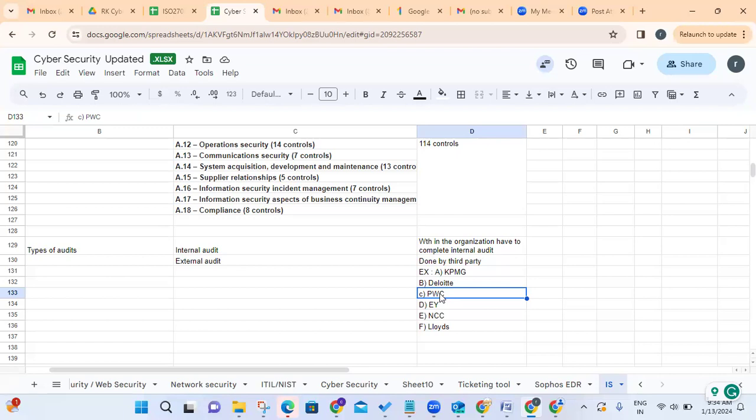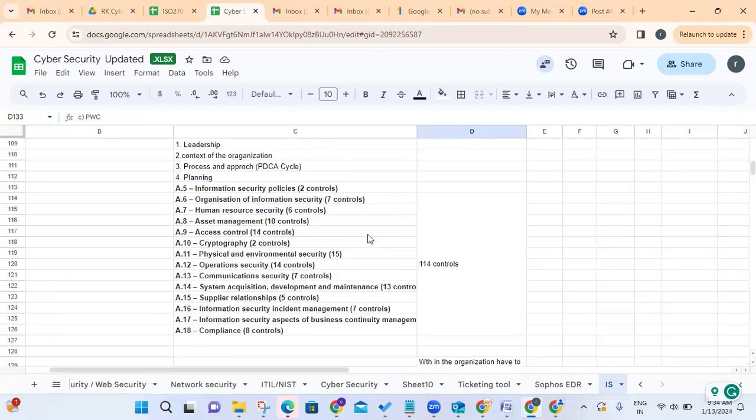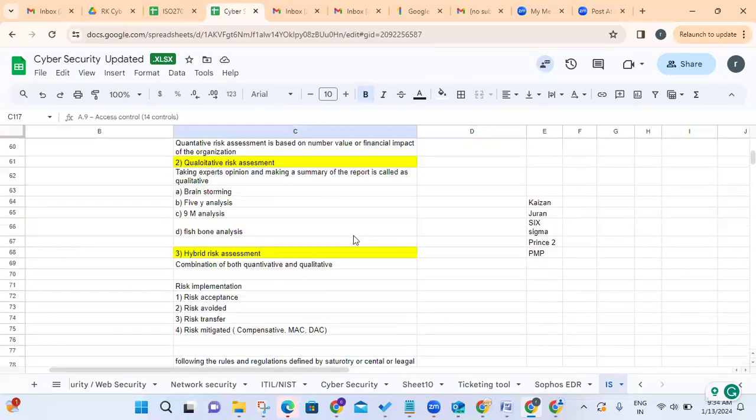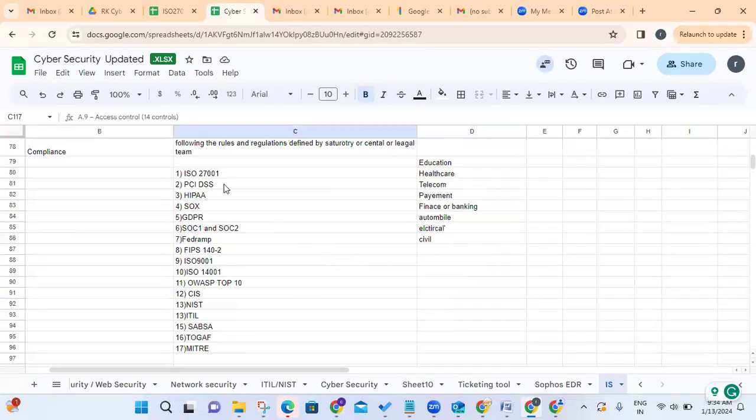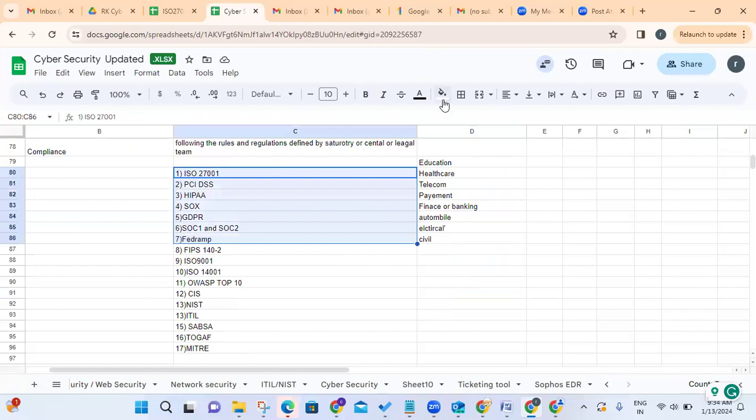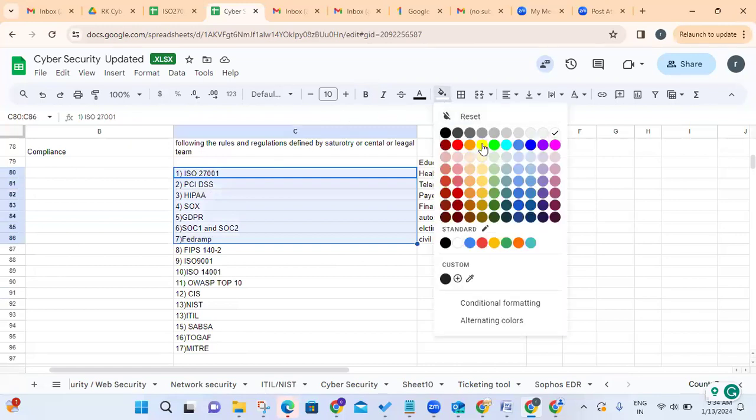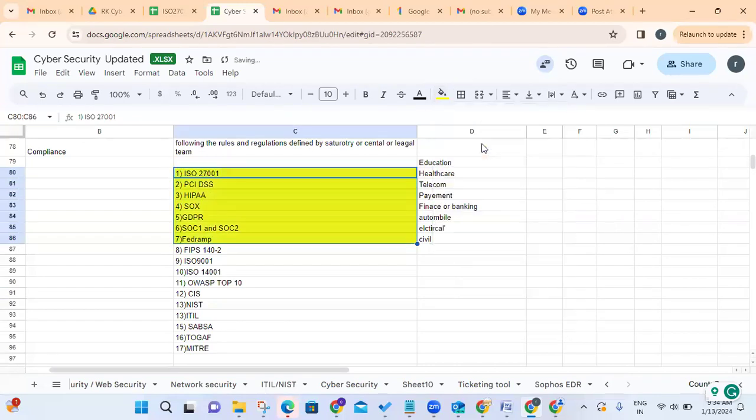This is not only applicable to ISO 27001, as I mentioned. Whatever compliances we are following, that may be PCI DSS or HIPAA or SOX or GDPR, SOC 1, SOC 2, FedRAMP, up to 7, all these will fall under conducting the internal audit and external audit and certifying.